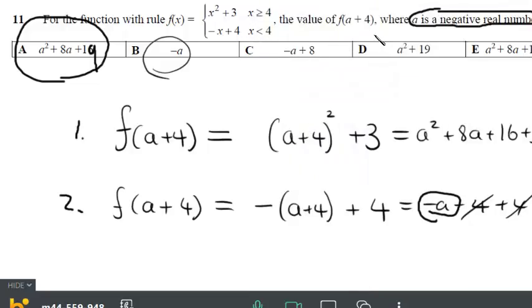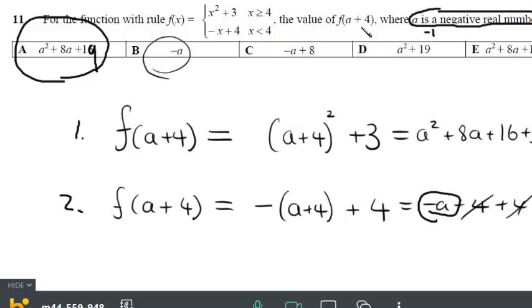It says that a is a negative real number. So if a is a negative number, a plus 4 must be less than 4. For example, let's say a is equal to -1, then this number here will be -1 plus 4, which is going to be 3.